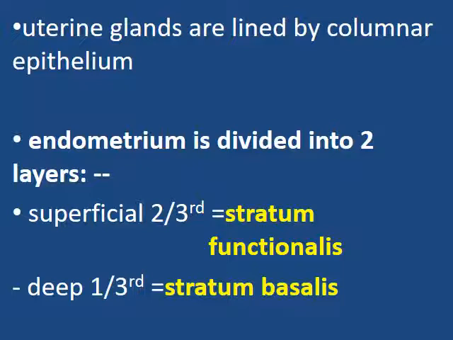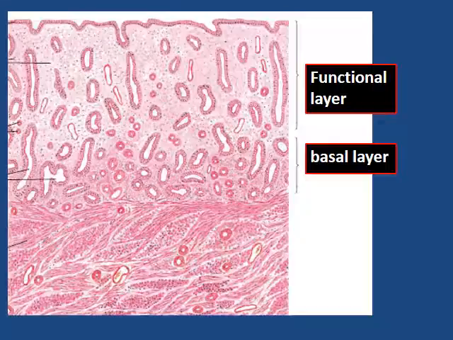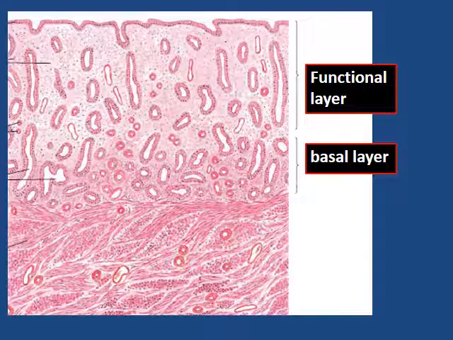Now endometrium can be divided into two layers, that is the superficial 2/3 stratum functionalis and deep 1/3 stratum basalis. In this picture you can see the outer 2/3 is the stratum functionalis layer and inner 1/3 is the stratum basalis layer.